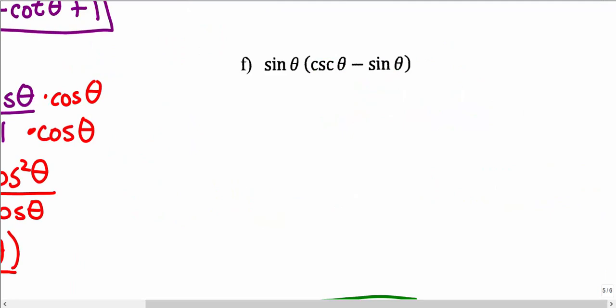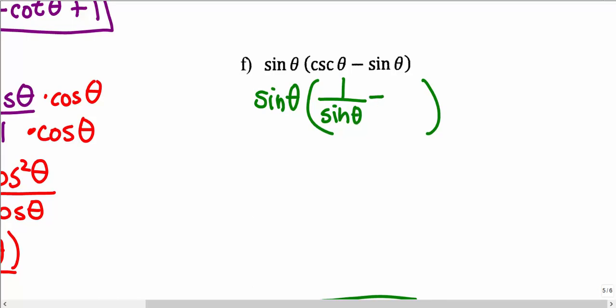Alright, so our last example. We are asked to take each one of these functions and write them in terms of sine and cosine. So sine is already in terms of sine. Cosecant should be written as 1 over sine theta, minus sine theta, and we're going to think about that as over 1.